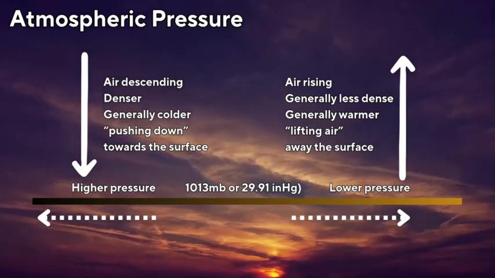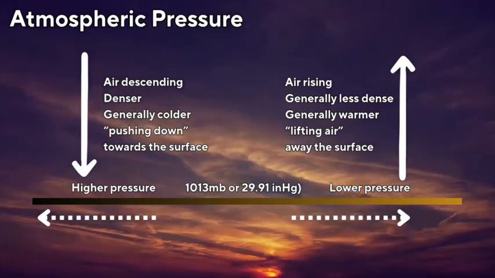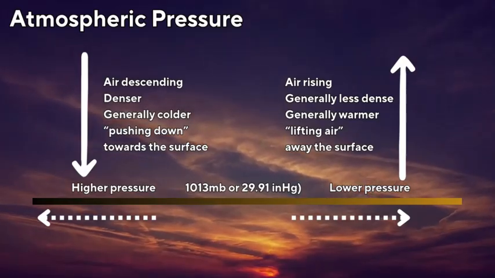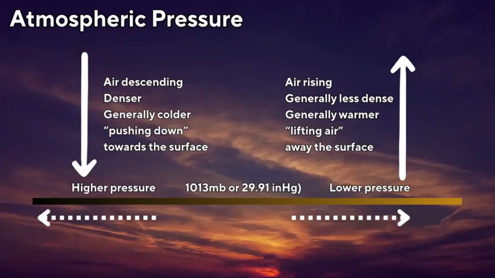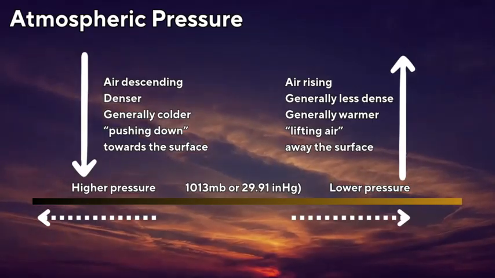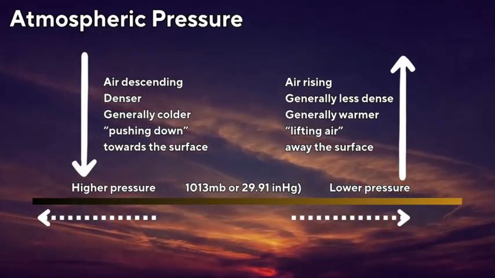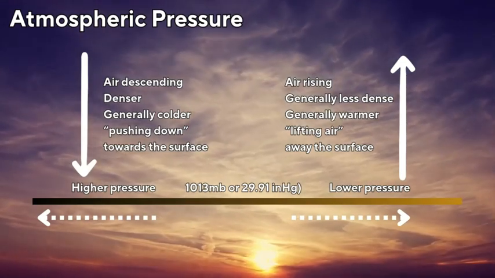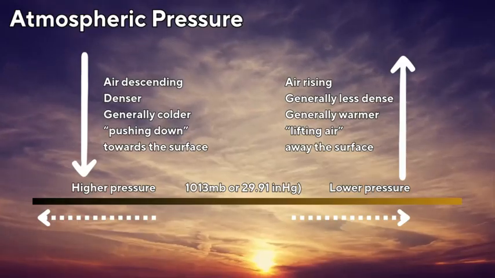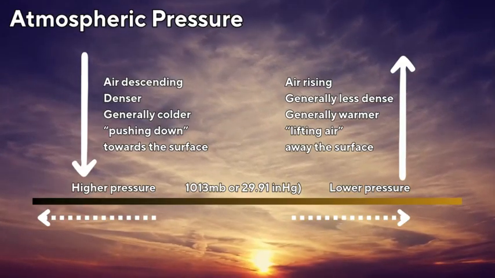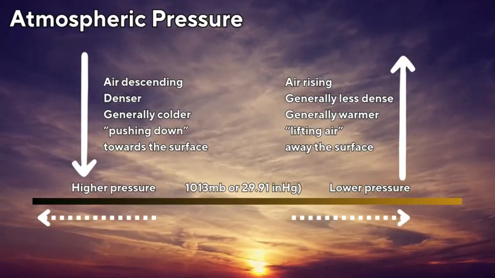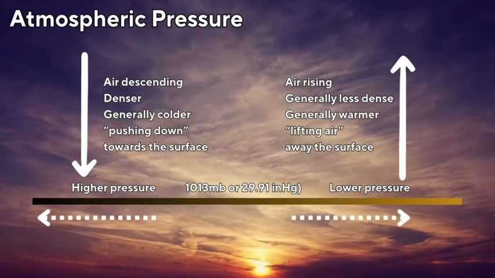If there is additional thermal energy applied to the air molecules in a certain area of the air called an air parcel, that air parcel would experience lifting because of a change of volume and change of density, and it's going to rise up. It's going to lower the pressure that has been exerted on the surface, and this would constitute lower pressure than 1013, which is the average millibars.